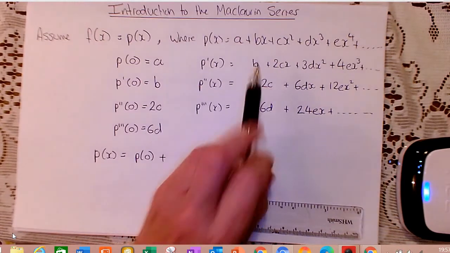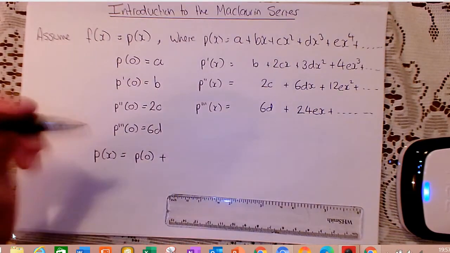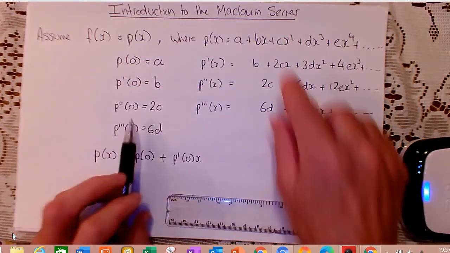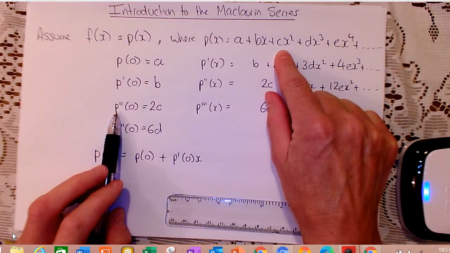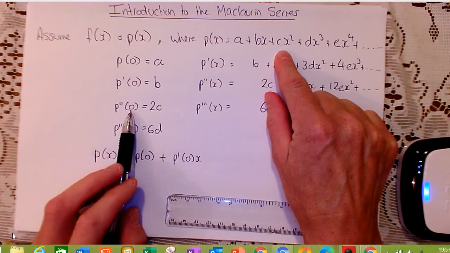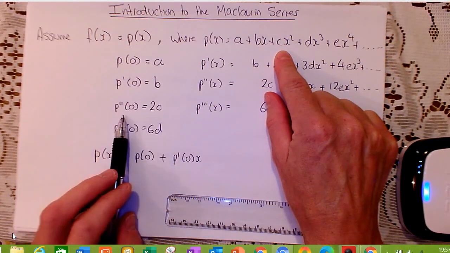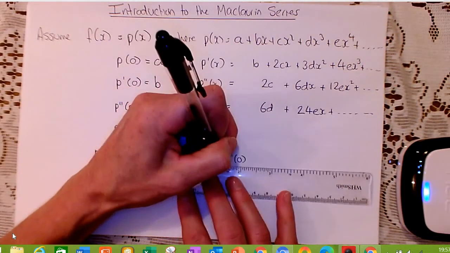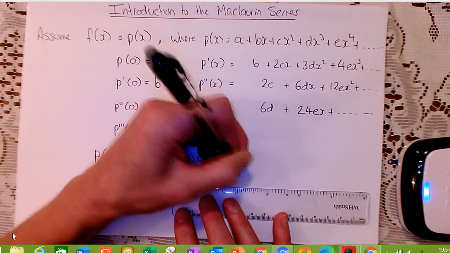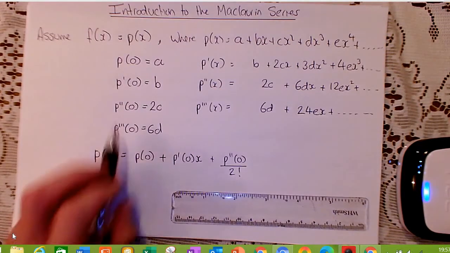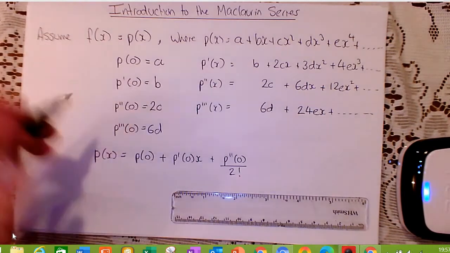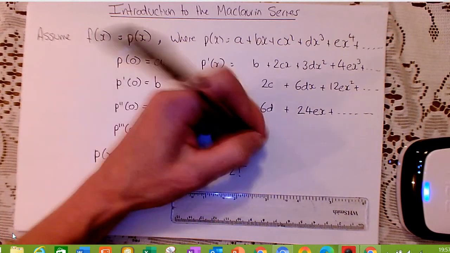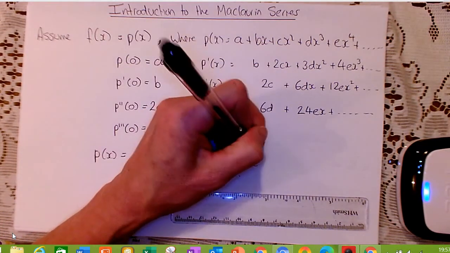Add b, well, b was p dash of 0, times x. Then c, or you can think of that as the second derivative at 0 divided by 2, so p dash dash of 0 over 2, or 2 factorial, 2 times 1, times x squared. Sorry, that was c, wasn't it? I'm getting all muddled up now.